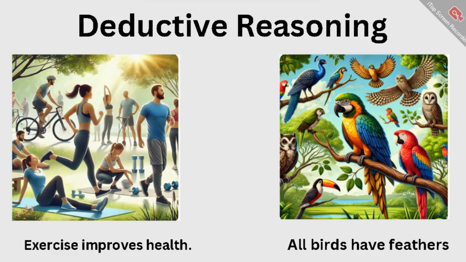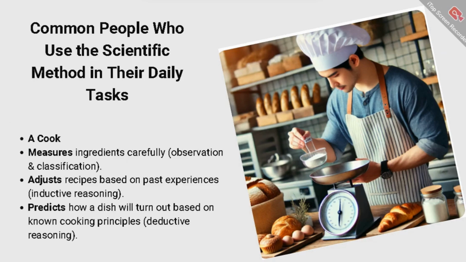Further, he gave some examples of common people who use the scientific method in their daily tasks. For example, a cook. Here, a cook measures ingredients carefully. That means he is doing observation and classification. And he adjusts the recipe based on past experiences, which is called inductive reasoning.